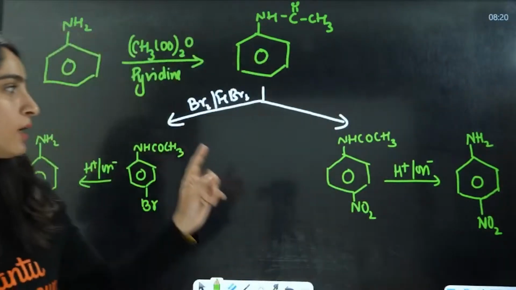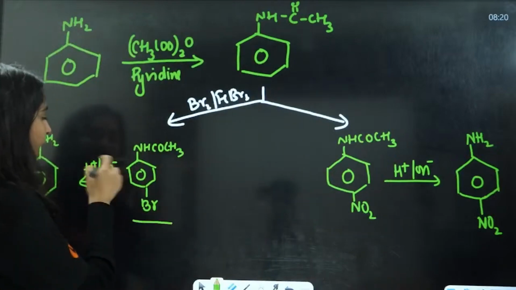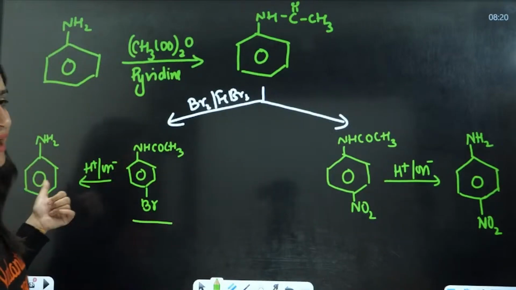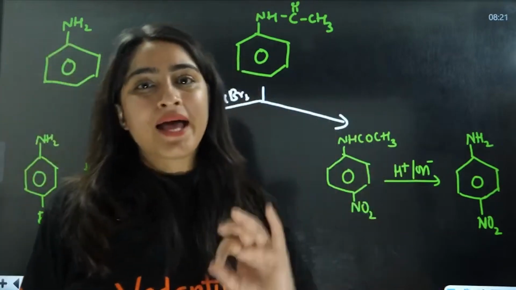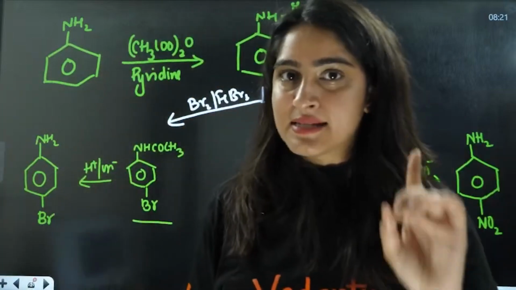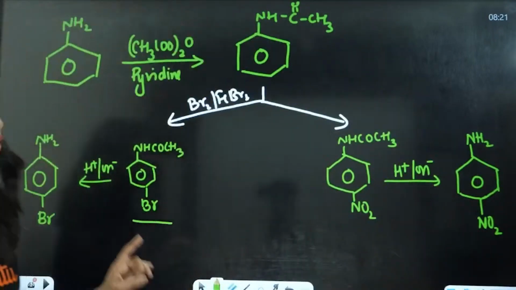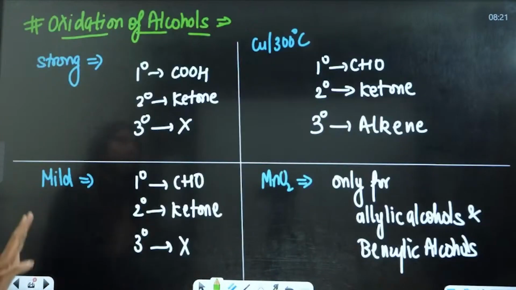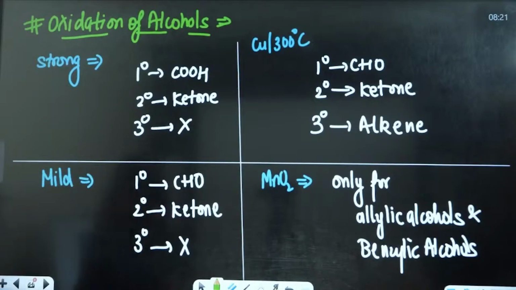You will get the para as the major product. Then add acidic condition, and you will have the para-substituted aniline in this case. Understood? Yes, perfect.